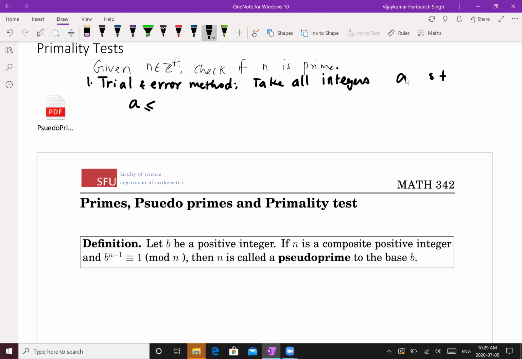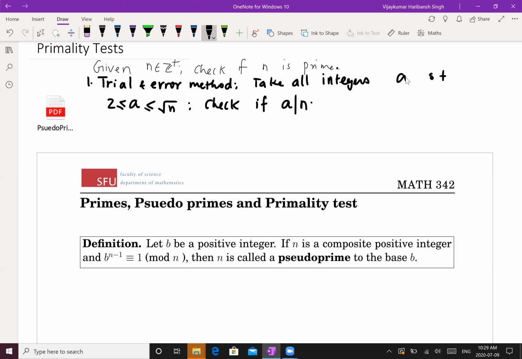a is greater than or equal to 2 and less than or equal to the square root of n, and check if a divides n.